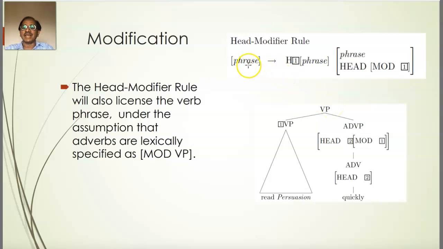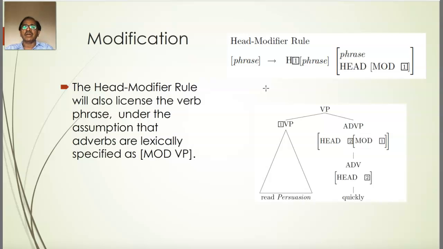Okay, so the phrase is VP here, this head daughter is VP here, and this phrase has this value, head modified 1.